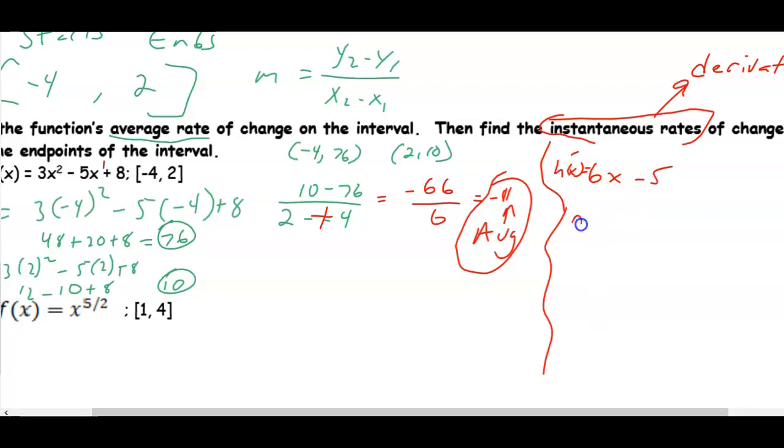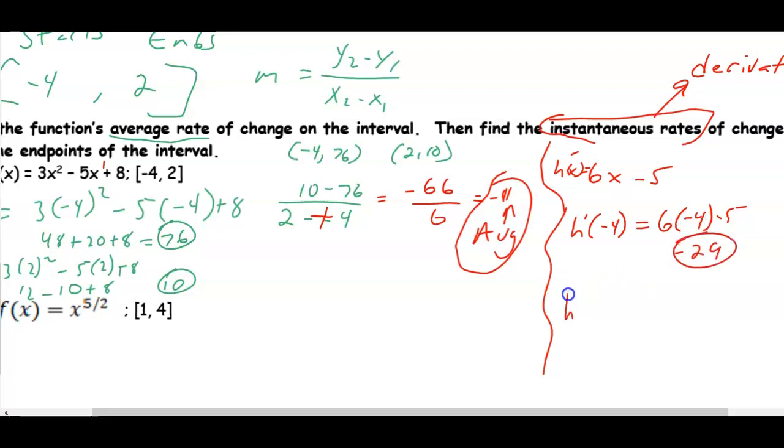Now all I do is I evaluate, not f, I evaluate h prime of x for my corresponding values, which is negative 4. Which is 6 times negative 4 minus 5, which is negative 24 minus 5, which is going to be a negative 29.